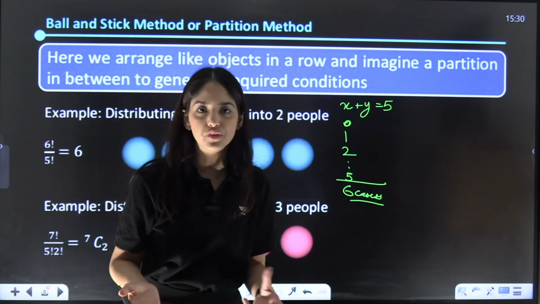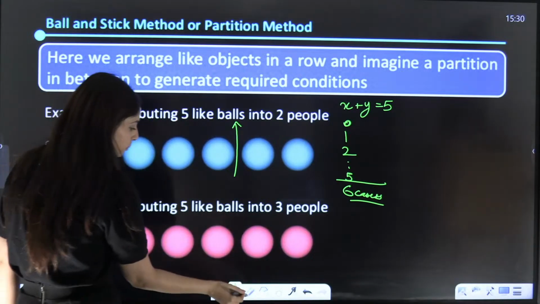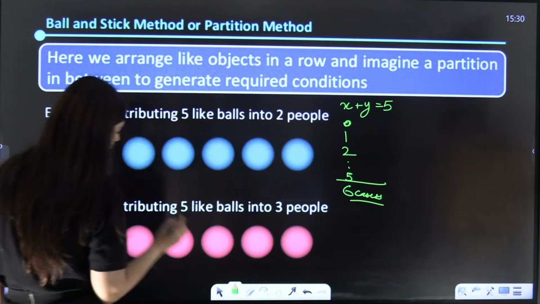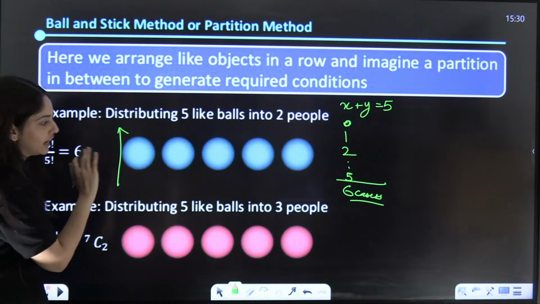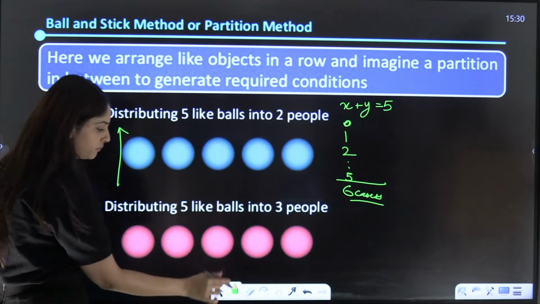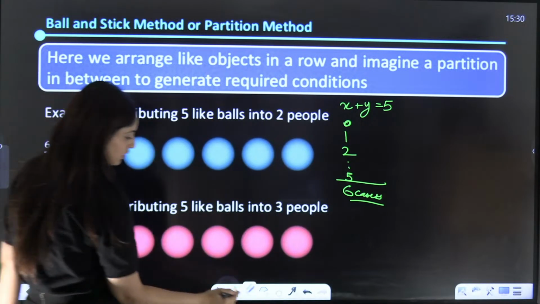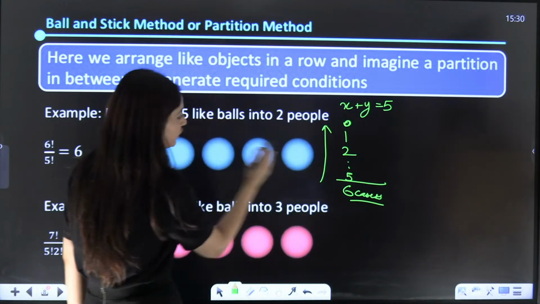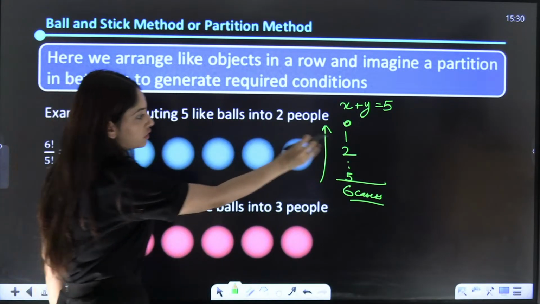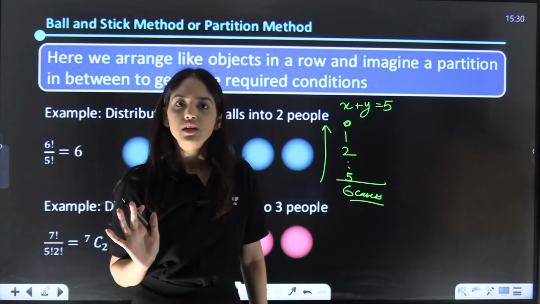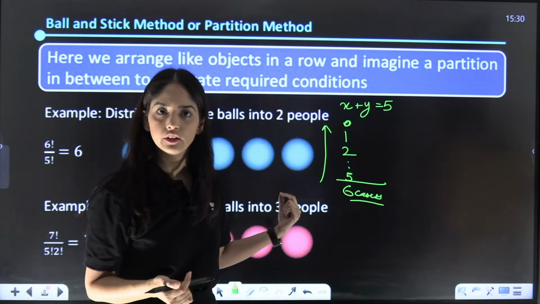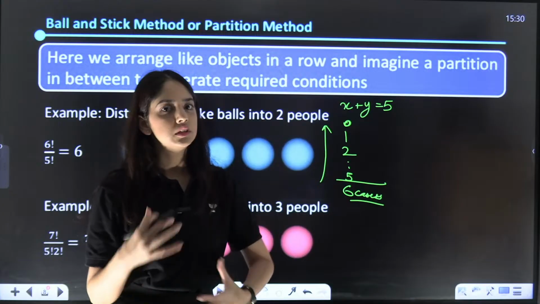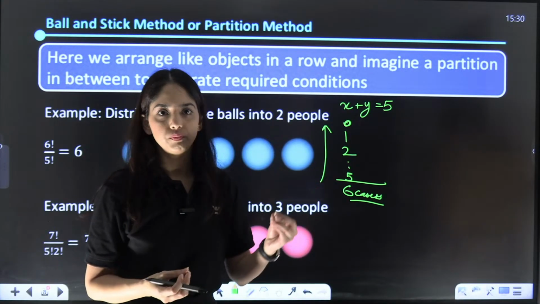Now, there's also a possibility that I put the partition here. What does this mean? The first student gets nothing and the second student gets all of it. Or the first student gets all 5 and the second student gets nothing. So as soon as I put a partition here, we have the exact distribution.